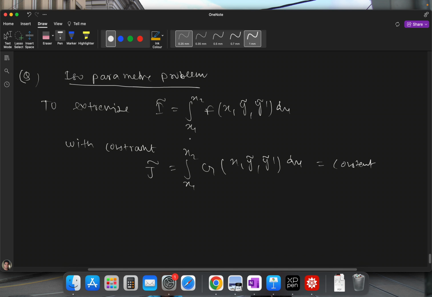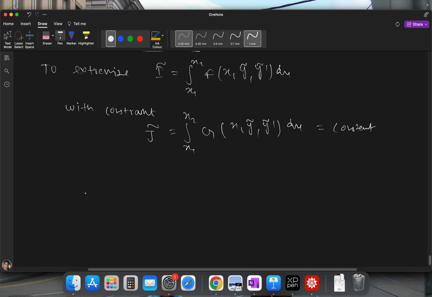So what we have to do is find the derivative by taking the constraint of J. When you solve the constraint kind of problem, you have to take f as f star, and f star is f plus lambda g.